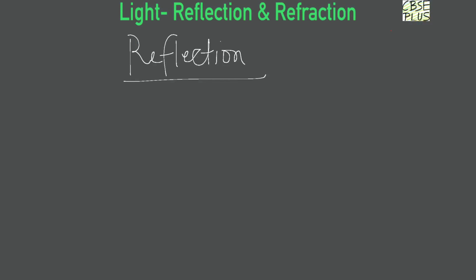Now let us learn about the reflection of light. Reflection of light is the phenomenon of bouncing back of light in the same medium on striking the surface of any object. Let's take a smooth surface. So this could be your surface.